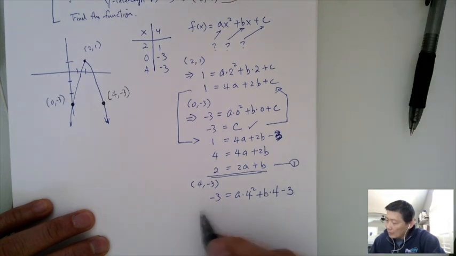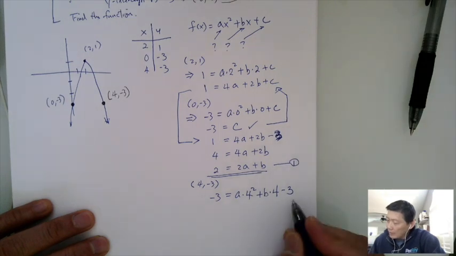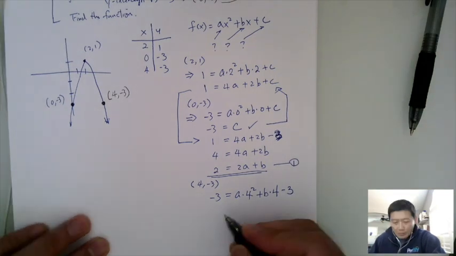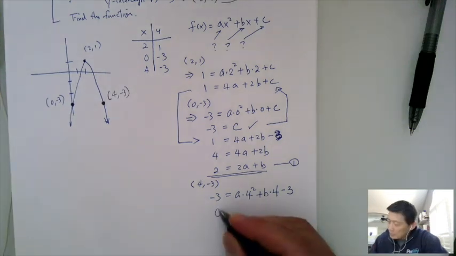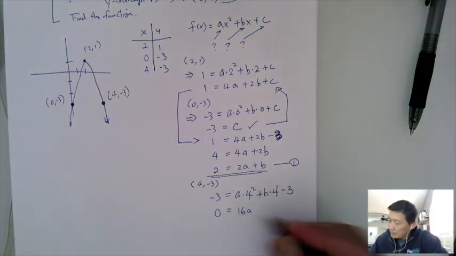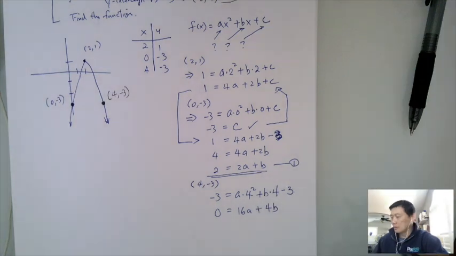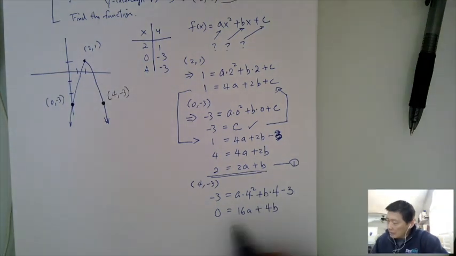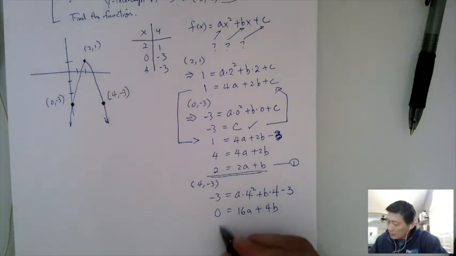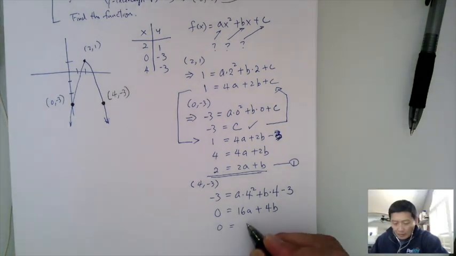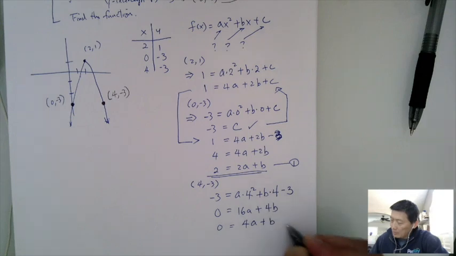So add 3 on both sides, and we end up with 0 is equal to 16a plus 4b. If that's the case, I can divide every single term by 4. I end up with 0 is equal to 4a plus b.